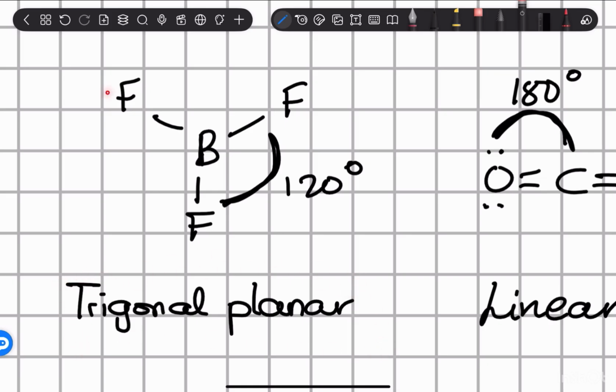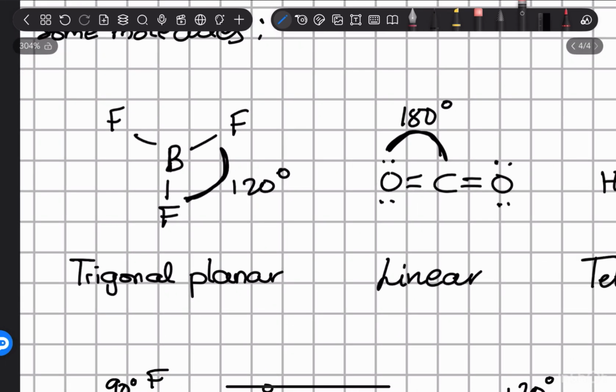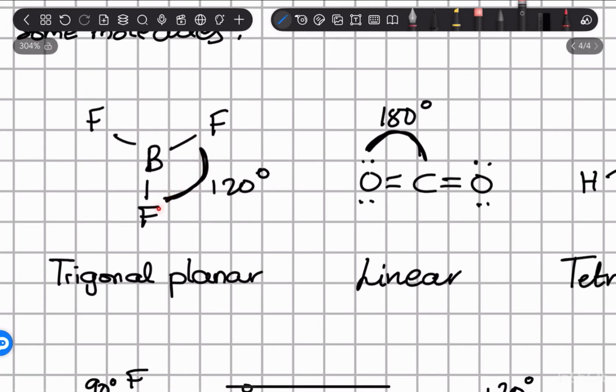Trigonal because it obviously resembles a triangle, and it's planar, so it's like flat. Basically, if you put this molecule on a piece of paper, it's flat, and that's the bond angle. So that's just like the angle between, let's say, the corners of a triangle, but they're focused on that center point. So this is the triangle, and the angle between these 2 corners here would be the 120.